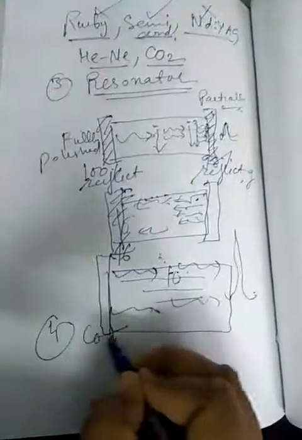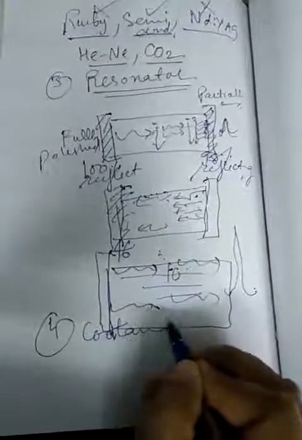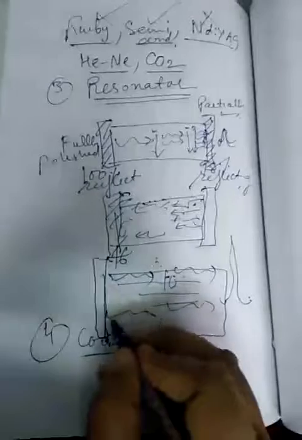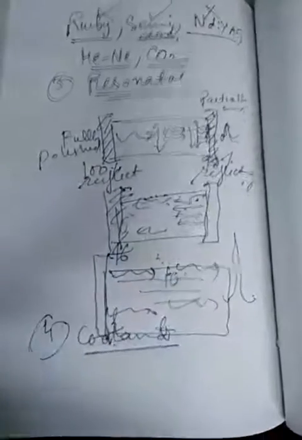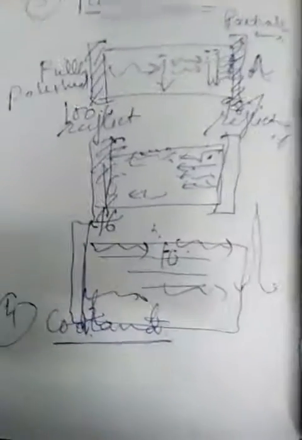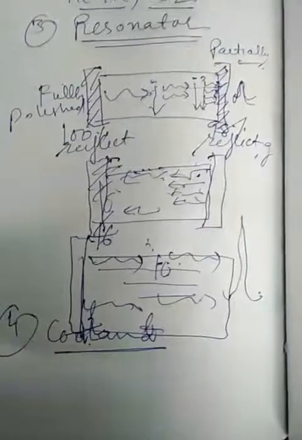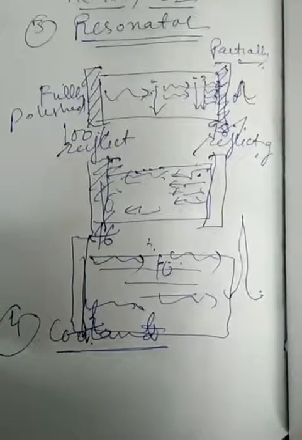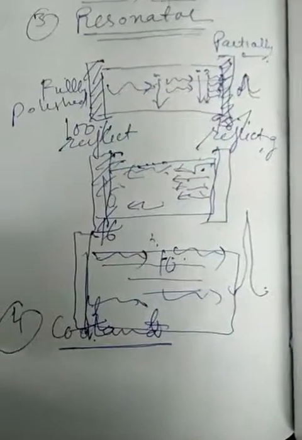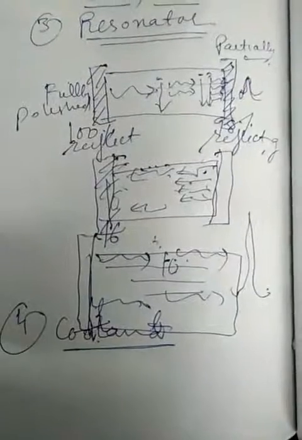Then there is a fourth component, which is a secondary component not required in every laser, called the coolant. Coolant is a device which helps in absorbing the heat emitted during the generation of the laser. As we know, during the transition from one state to another, a lot of radiation is emitted out.